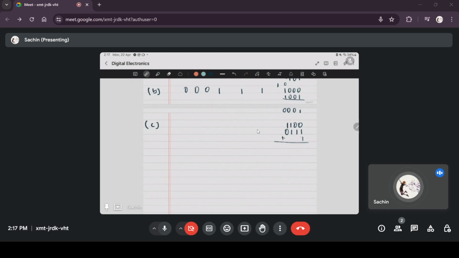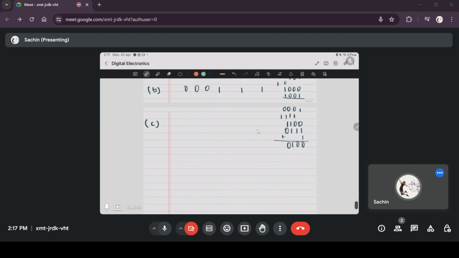So 1 plus 1 is 0 with 1 carried over. 1 plus 1 is again 0 with 1 carried over. 1 plus 1 plus 1 is 1 with 1 carried over. 1 plus 1 is 0 with 1 carried over. C3 C4 XOR is 0, so there is no overflow.